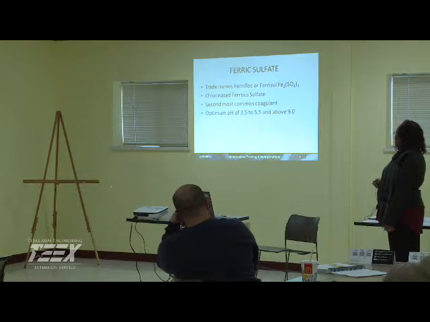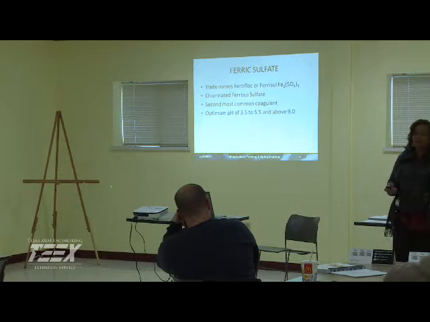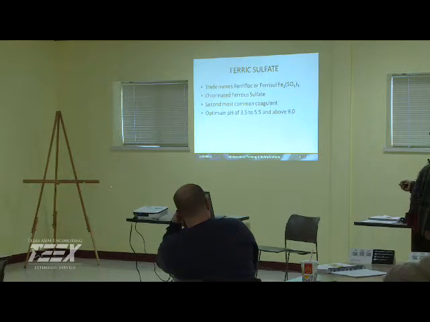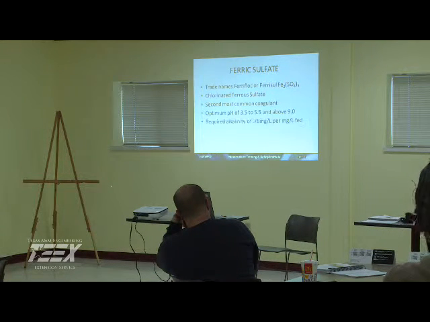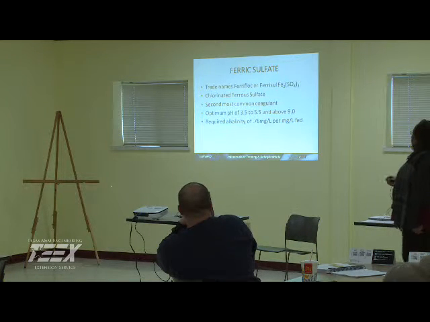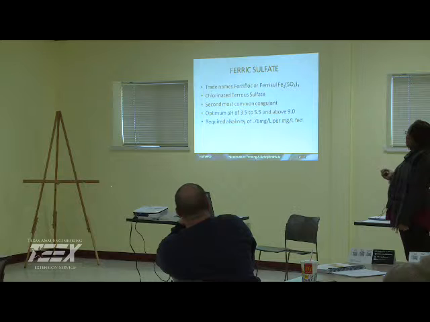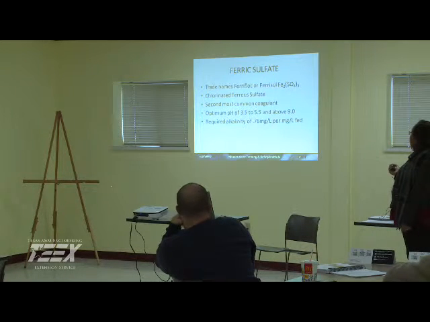But notice what just happened. Now, it works best in an acidic environment, 3.5 to 5.5, or alkaline if it's above 9. So pH is very, very important based on the chemical that you're going to use to coagulate your turbidity particles. Here, the required alkalinity of 0.76 milligrams per liter per milligram per liter fed is necessary.